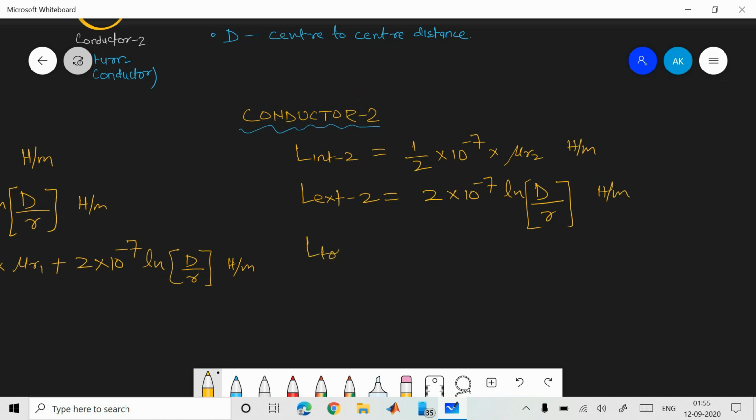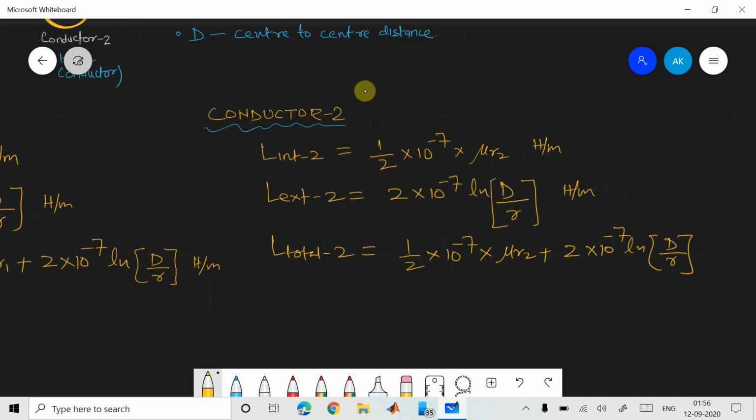So L total of the second conductor is L internal plus L external, that is half into 10 raised to power minus 7 into mu r2 plus 2 into 10 raised to power minus 7 ln d by r, in Henry per meter.